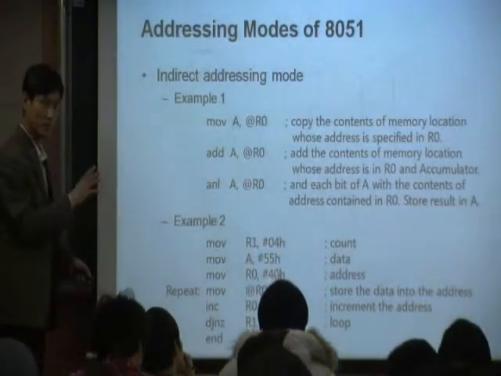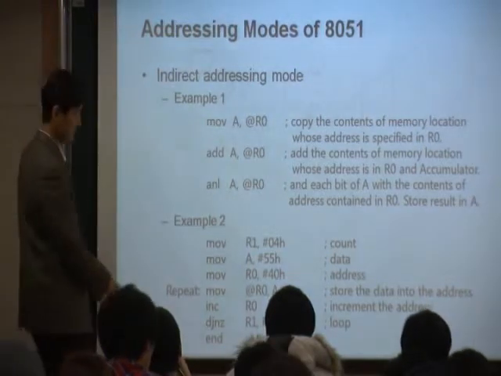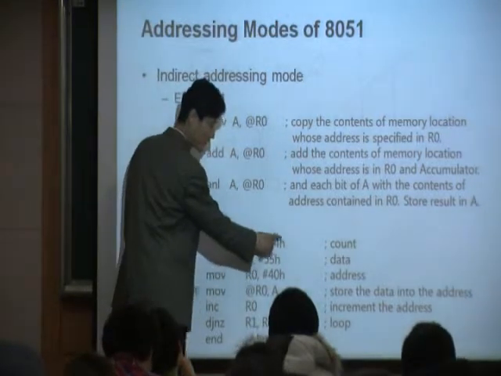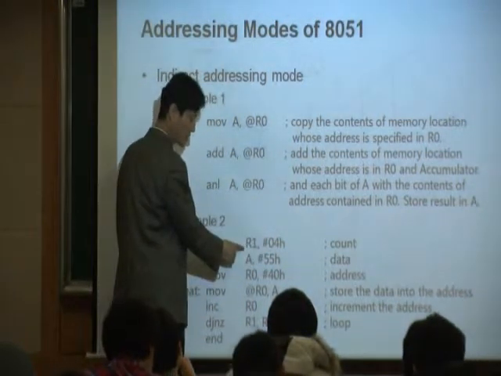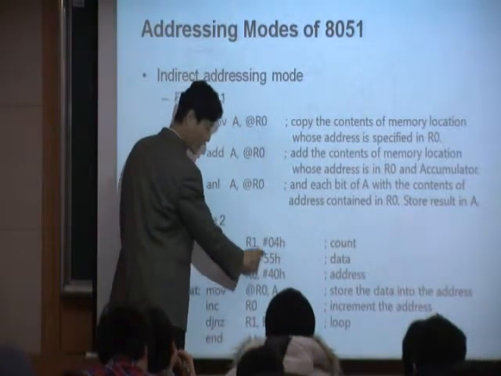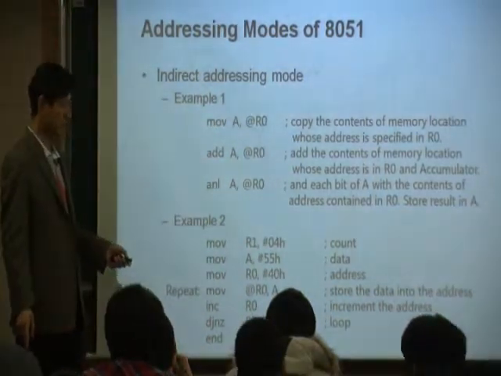Let's look at example 2. Okay. Let's see, one by one. In example 2, we have the direct value, the immediate value, 04 into R1. So now the R1 has this value. Same way, we copy 55 into A, and also 40 into R0.